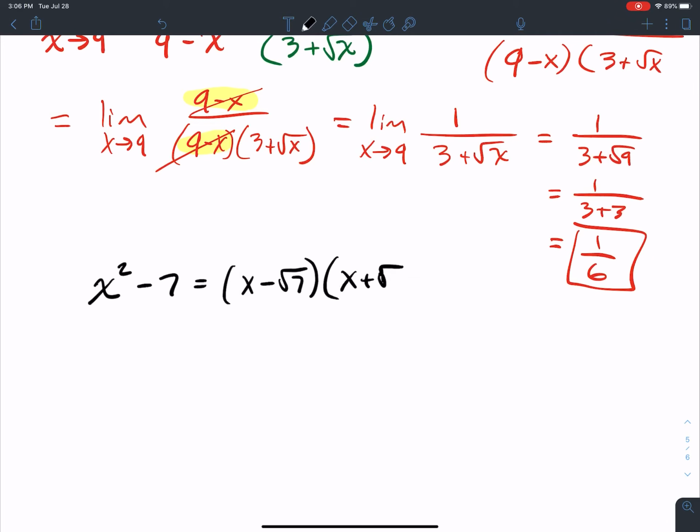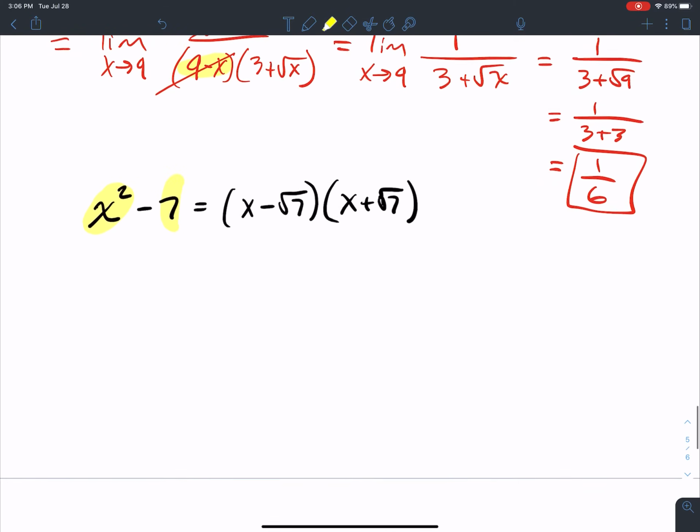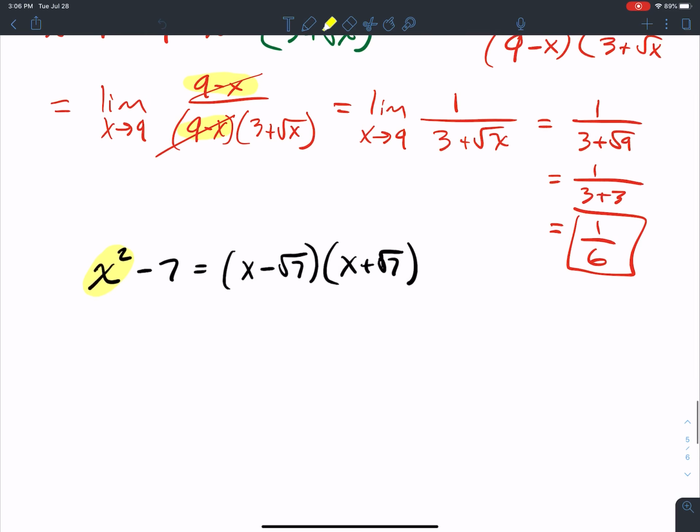The x squared was a perfect square, but 7 was not, and even though it was not a perfect square, we could still write that square root of 7 in there. Now the same idea works if it's just x and then maybe -4 or whatever.